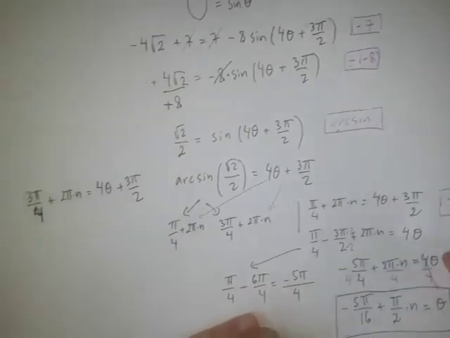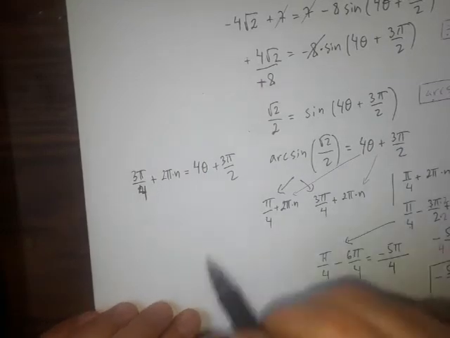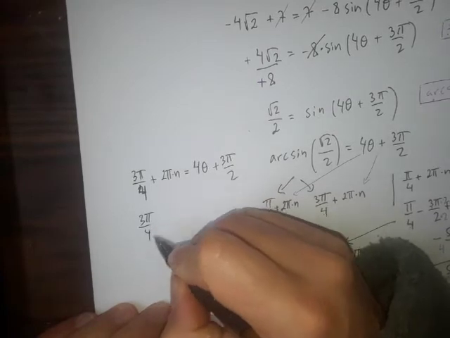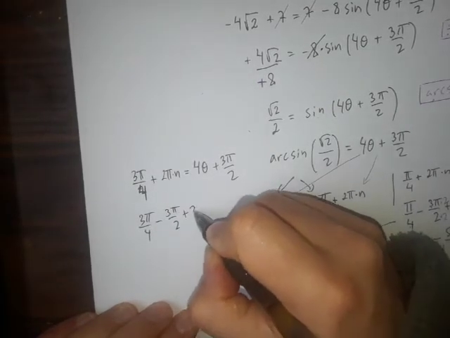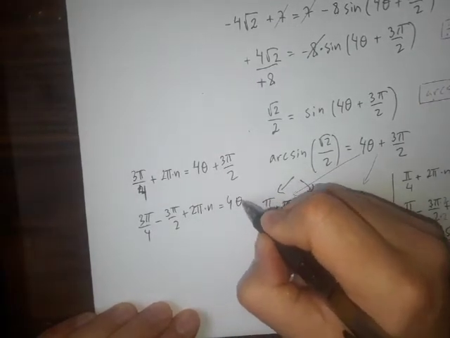And then we're going to do the same one, and I'm going to do it quick here because we have already done it, right? So that's going to go to the other side: 3 pi over 4 minus 3 pi over 2 plus 2 pi times n equals 4 theta.